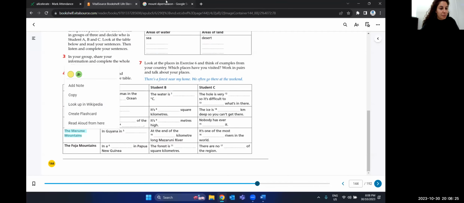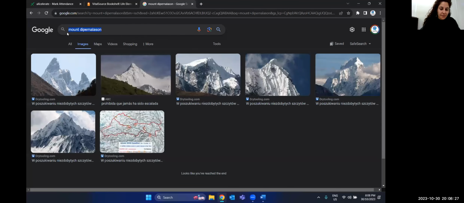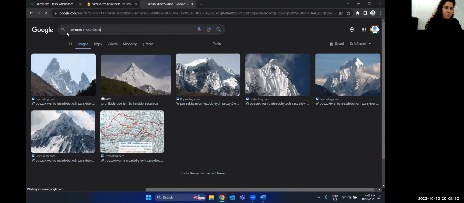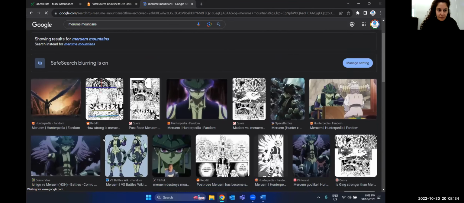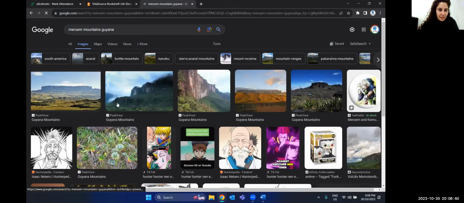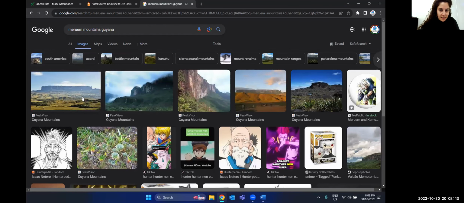The fourth one, the Maroon Mountains, in Purana. So this is the mountains.